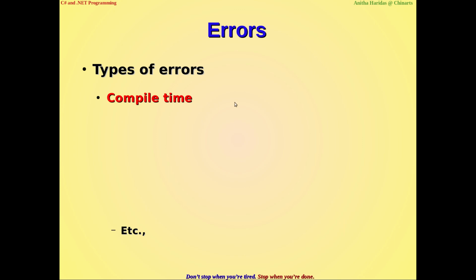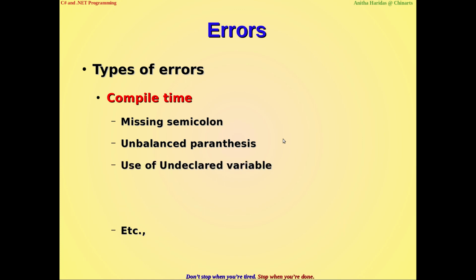When you take compile time errors, the errors such as missing a semicolon or unbalanced parenthesis, use of undeclared variable, incompatible types, or any bad references, etc. can be called compile time errors.